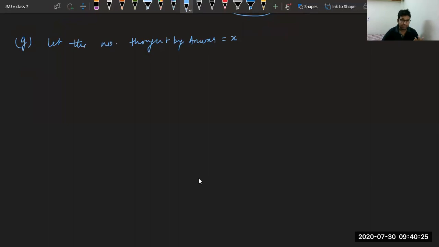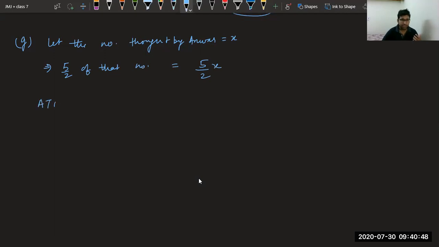We have to understand, he is subtracting 7 from what? From 5 by 2 of that number. So 5 by 2 of that number will be given by 5 by 2 x.